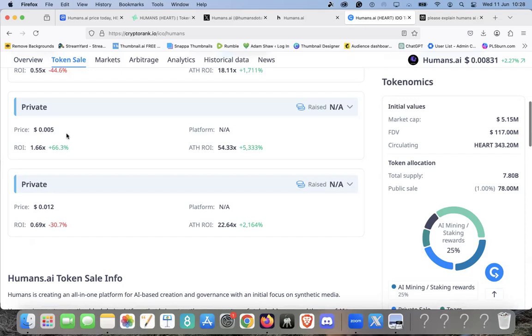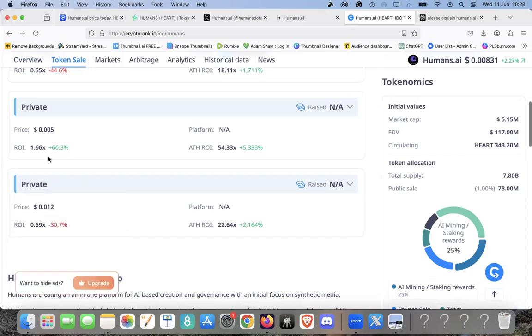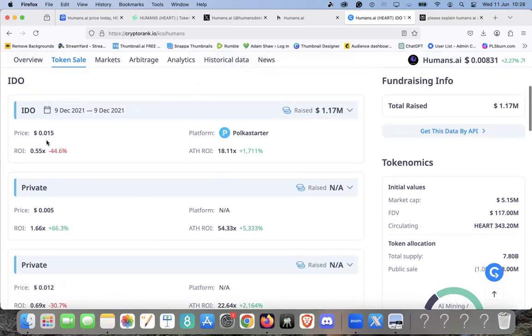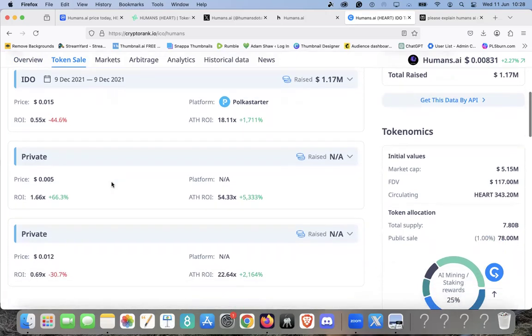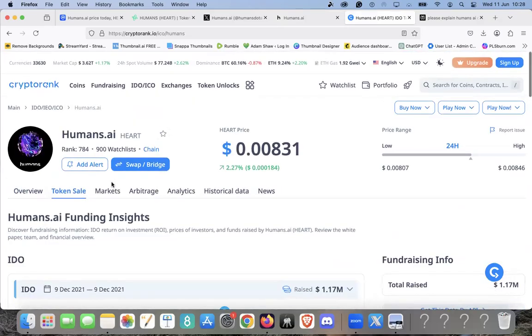These people on this private round, they got in at 0.005. So they're actually quids in. They're on a 66% gain. But for the IDO, they're down 44%. So it tells me that most of the early stage investors are sitting on losses at the moment, which indicates that this could be a very good entry point.